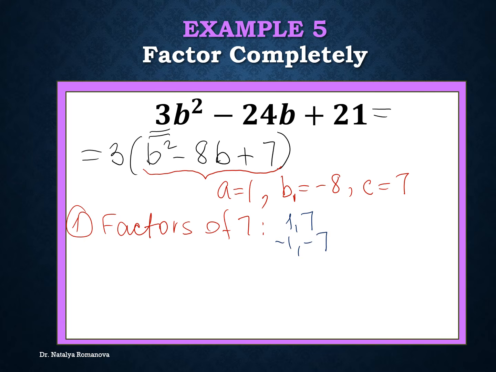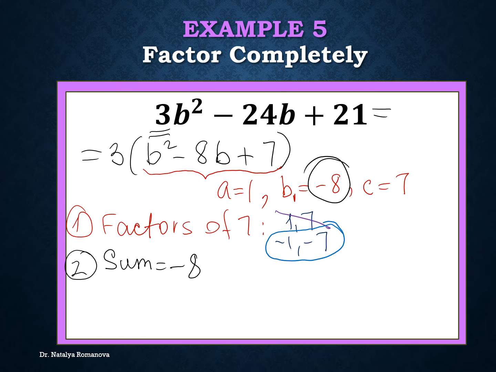Now we have to take the couple whose sum must equal b, negative 8. Okay, we check. 1 plus 7 doesn't work for us because it is 8. Negative 1, negative 7 equals negative 8, so it is our couple, it's good for us.